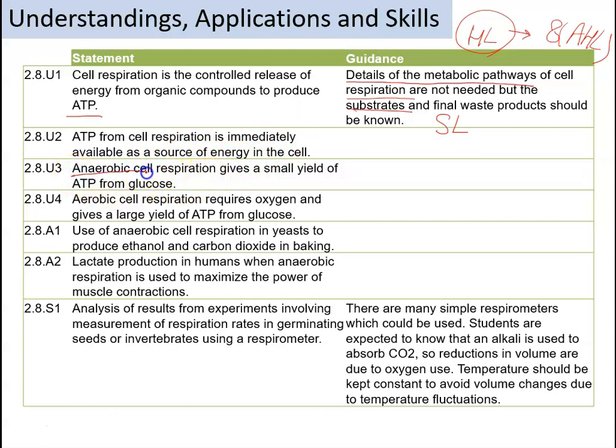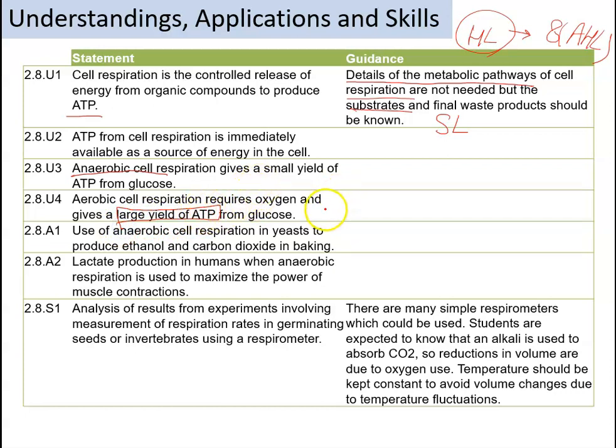Anaerobic cellular respiration. What does that mean? Aerobic means with the presence of oxygen, and anaerobic means without the presence of oxygen. In that case, what would be the yield? What would be the product if there is anaerobic respiration? In aerobic cellular respiration, which requires oxygen, it gives a large amount of ATP.